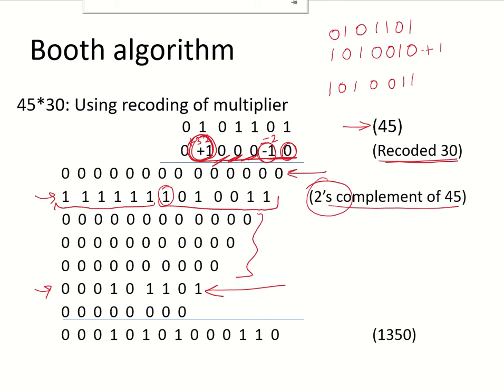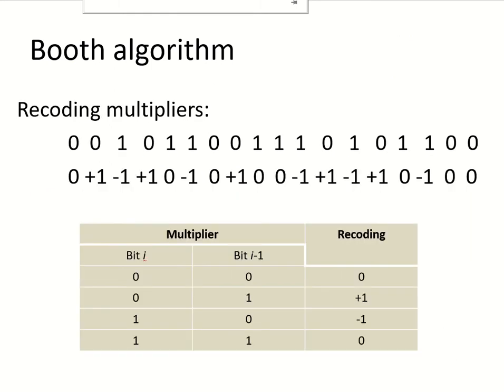Once we have the 2's complement of 45 computed, only 2 additions of the shifted version are required. So this reduces the computation and can be used for positive as well as negative multipliers.